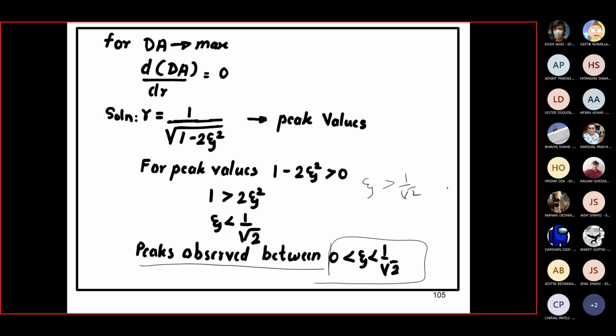The term under the root will become negative, so this square root will become a complex number. When something becomes complex, what will happen to the peaks? If you remember the magnification factor curve, the peak starts to disappear.